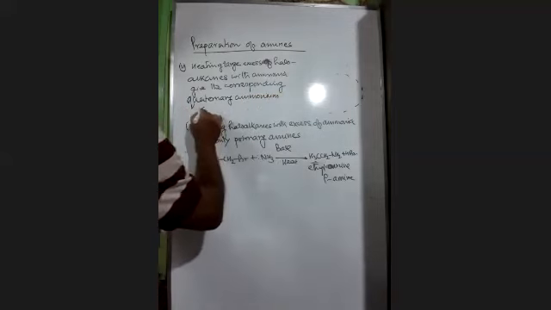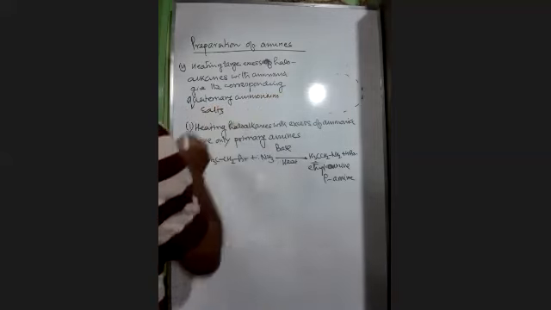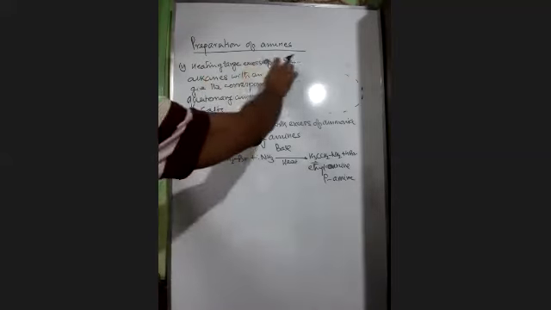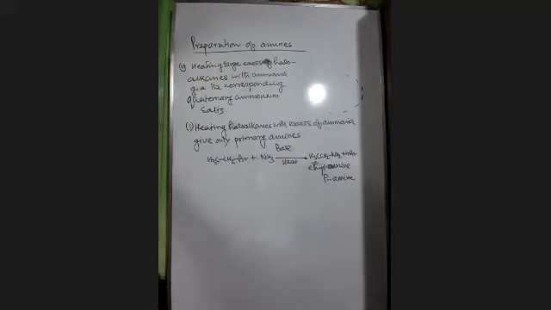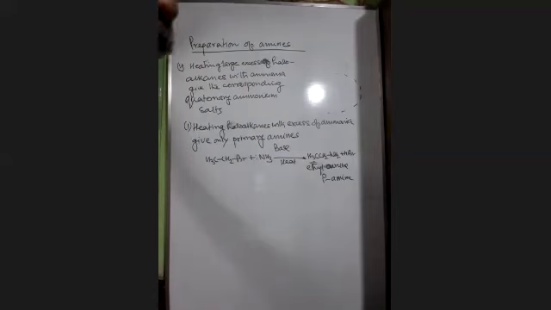So what's that after heating? Heating large excess of haloalkanes with ammonia gives the corresponding quaternary ammonium salts.